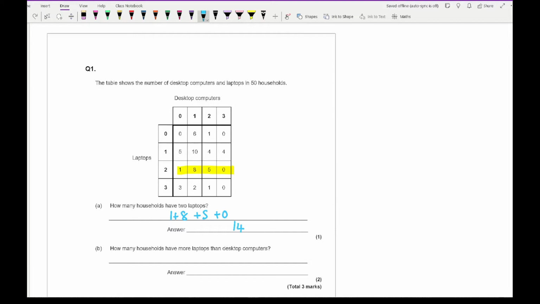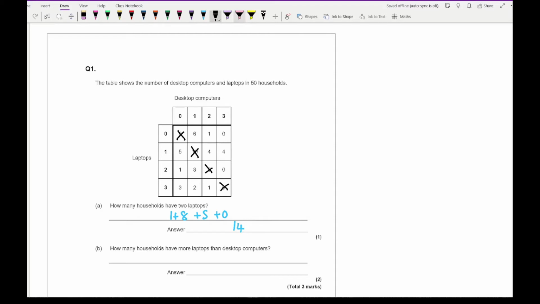It then says how many households have more laptops than desktops. So again, if I just delete that highlight just so I can do this, what I would then want to do is highlight the ones where the laptop number is bigger than the desktop one. So obviously I can discount these middle ones because that's where they are the same.